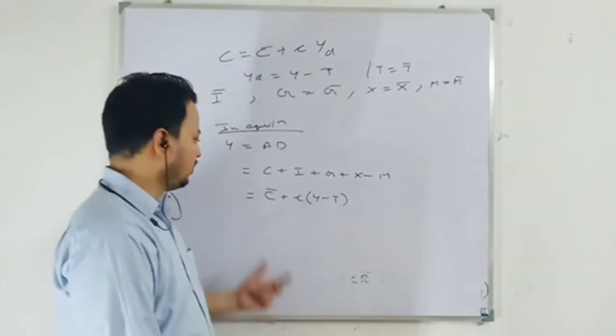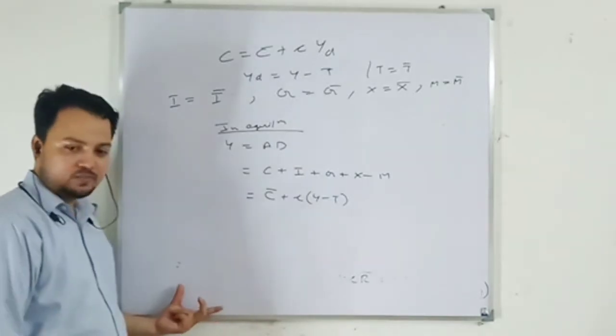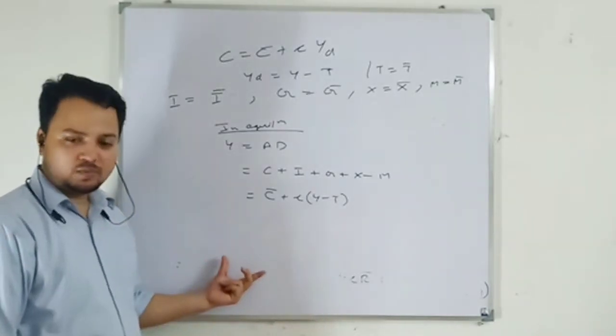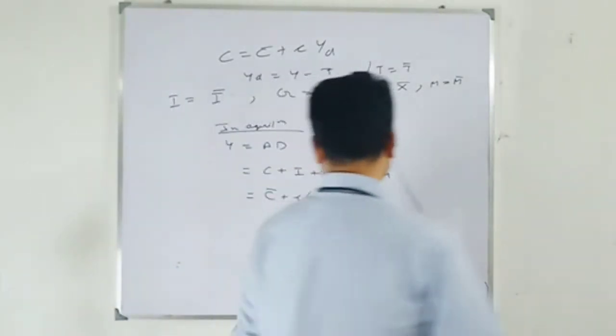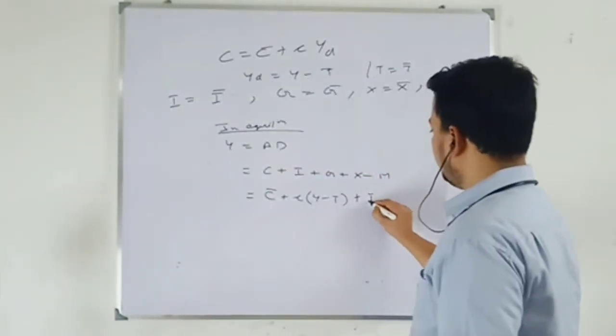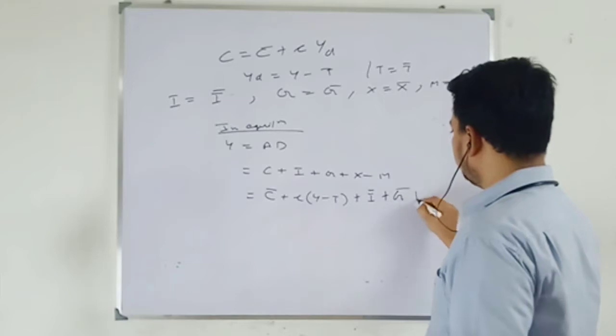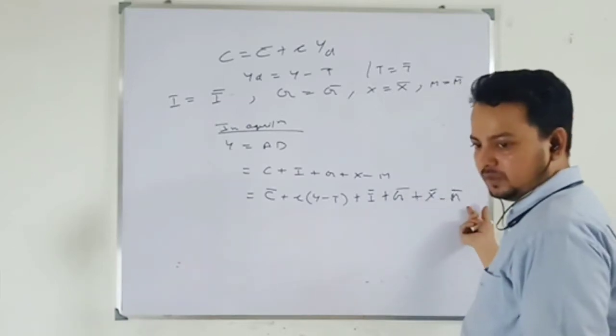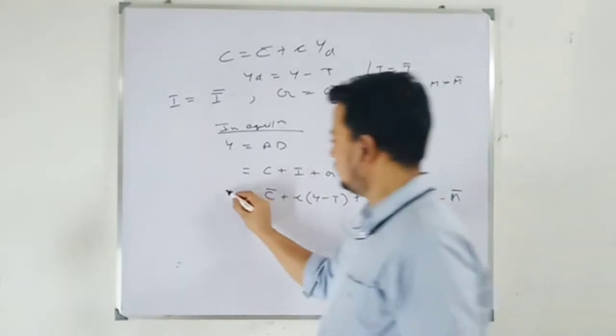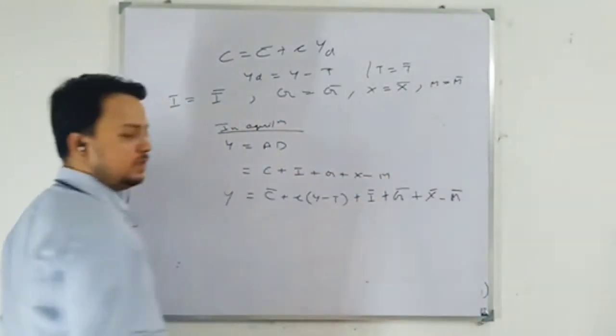I know from my general formula that it will be 1 over 1 minus c. So I'm just opening everything together, plus I bar plus g bar plus x bar minus m bar. The y term will not be here, because for import I have only the autonomous part.